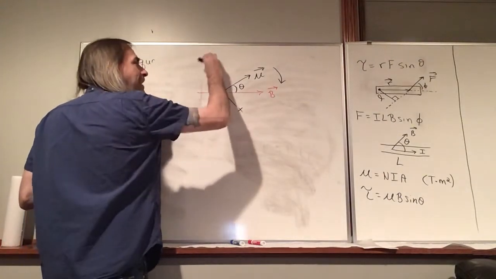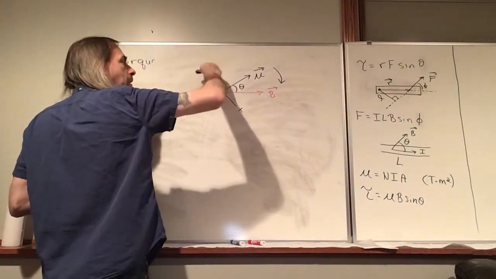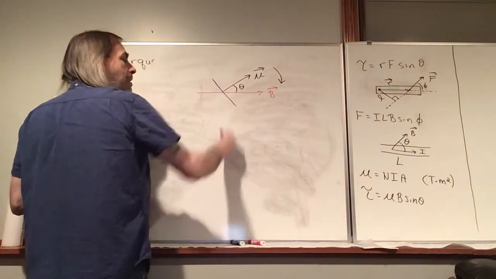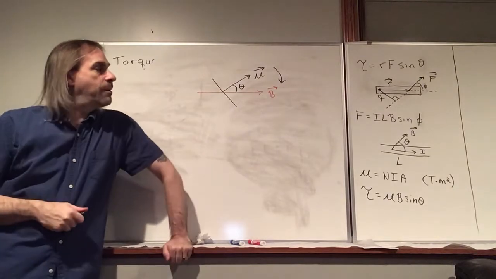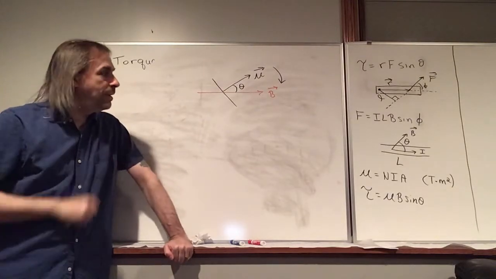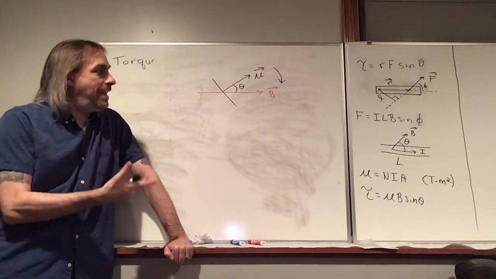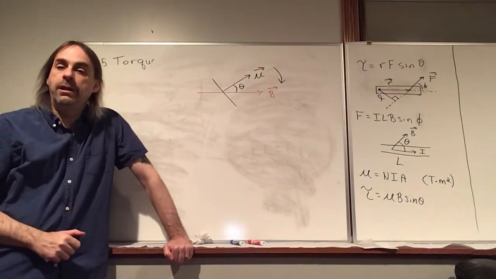Finding the torque and looking at it that way can be fairly complicated. But if we know what direction the magnetic moment is pointing, just think that it wants to line up with the magnetic field.